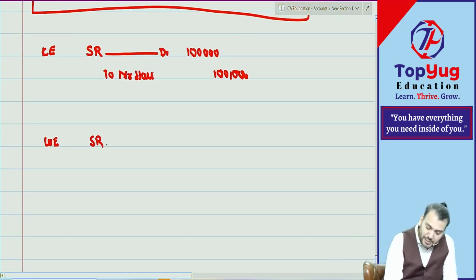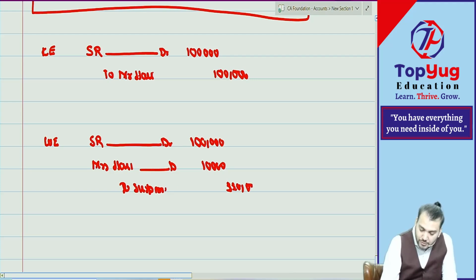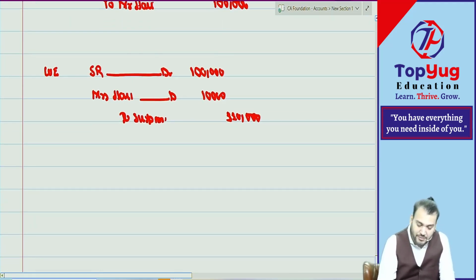Sales return is also debited by what amount? 1 lakh. But by mistake, what have you done? Mrs. Hari is debited by what amount? 10,000. Suspense is coming how much? 1,10,000.